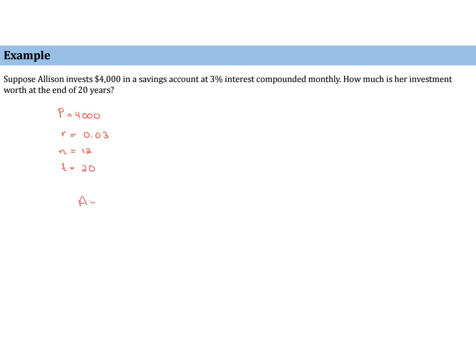So A equals P times 1 plus R over N to the NT power. So this gives us 4,000 times the quantity 1 plus 0.03 over 12, end quantity, raised to the 12 times 20.